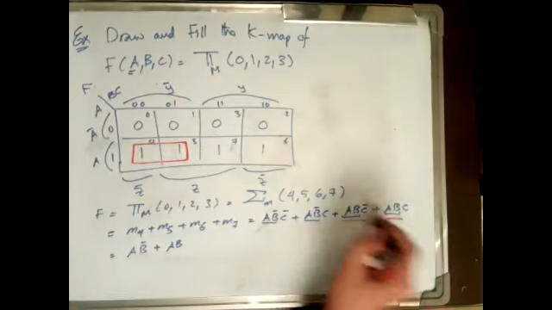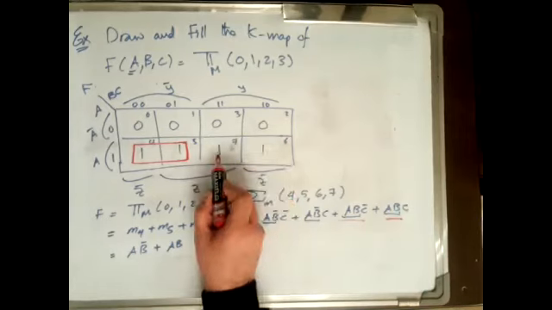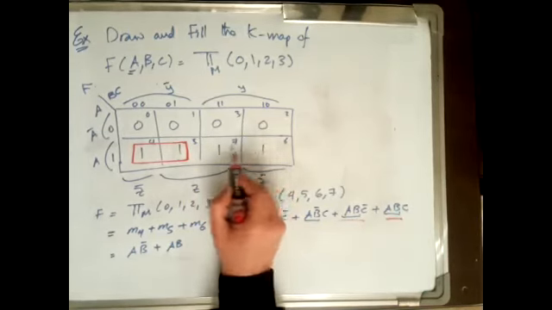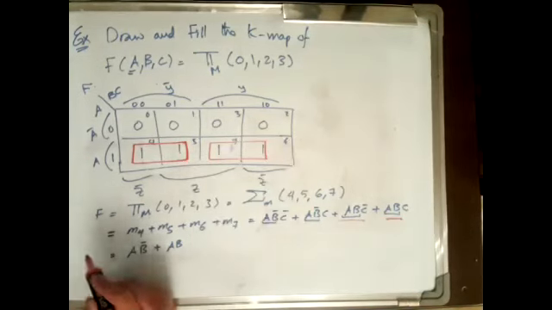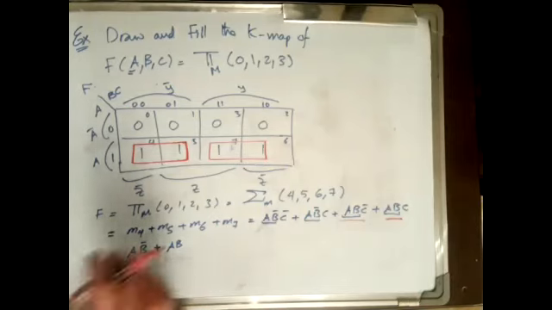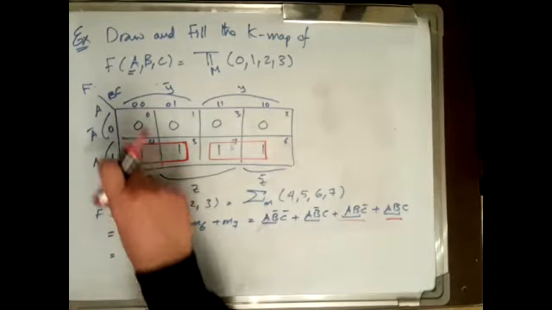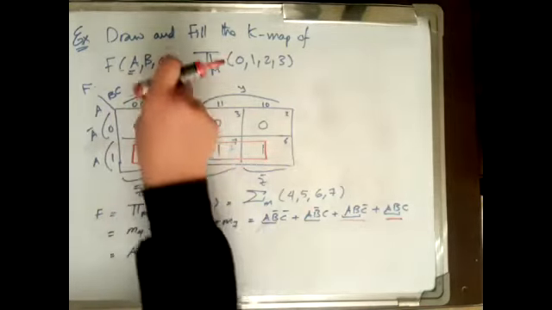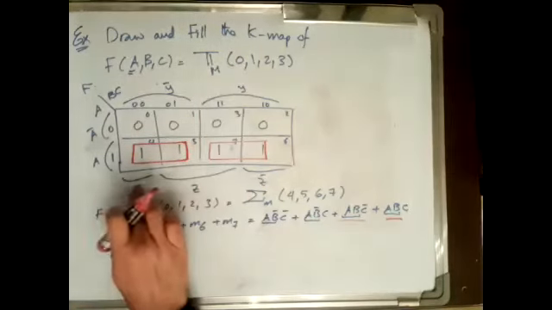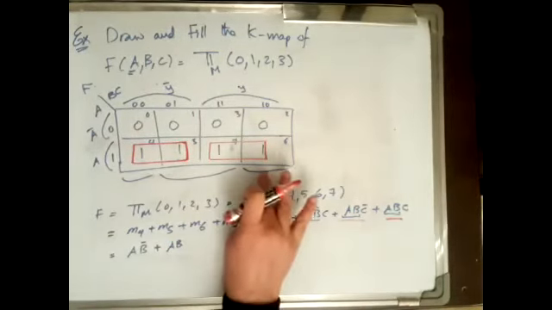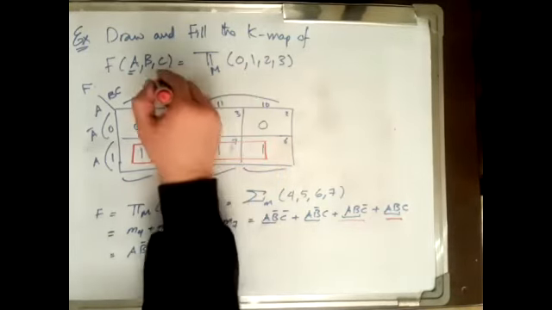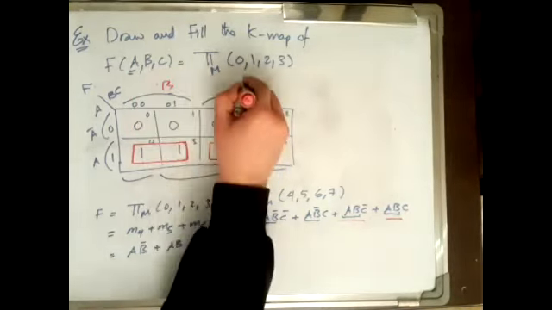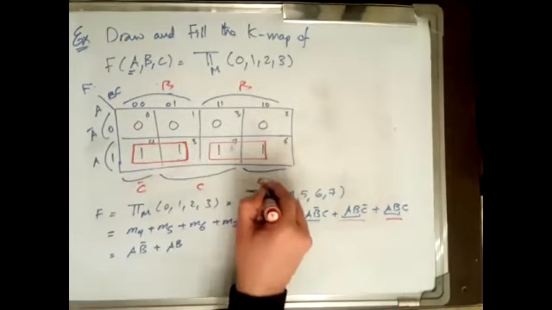I have min term 6, min term 7, two ones in two adjacent squares. I can combine them into a larger square or rectangle. The logic expression for this one is A intersection, why did I put Z? This is B, I'm sorry, C bar, C bar.